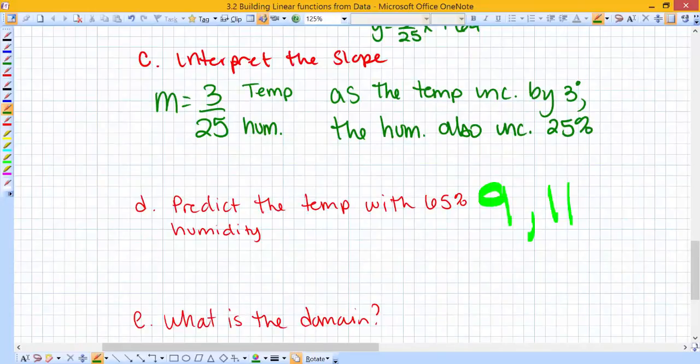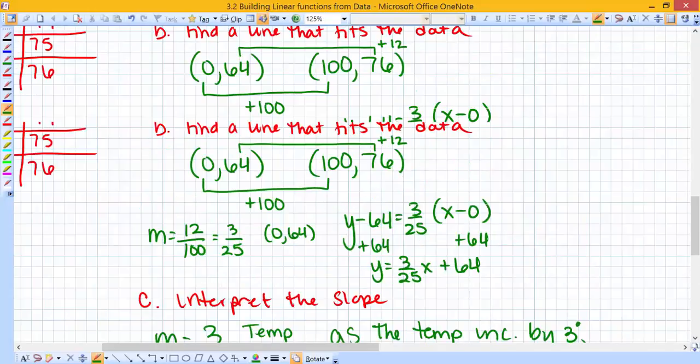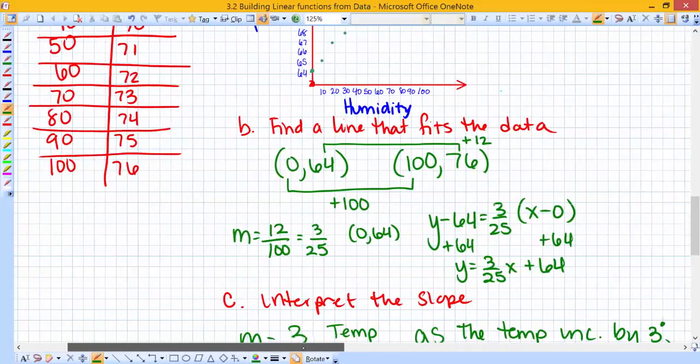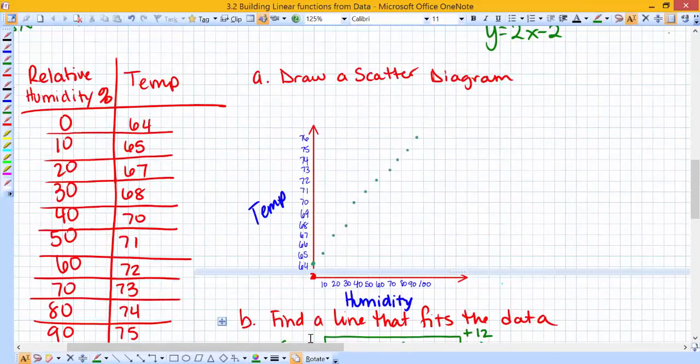Now in D, predict the temperature with 65% humidity. There's 2 ways you can do this. 1, you can use your equation. So y equals, and since x is humidity, y is temperature. So I went back and I saw that in my table.